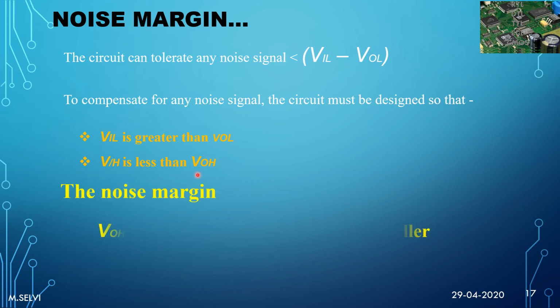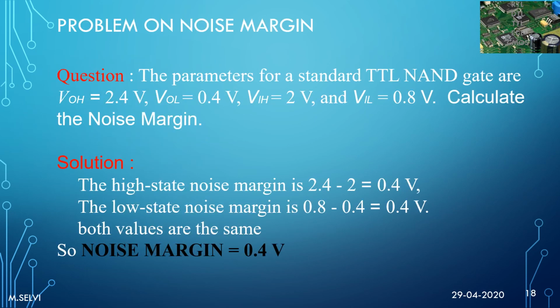So we define noise margin as either the difference between the input and output voltage at high level or the difference between the input and output at the low level, whichever is smaller. That we call the noise margin.